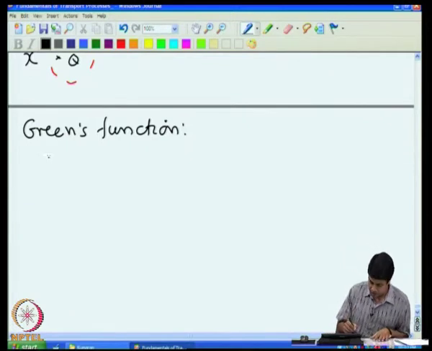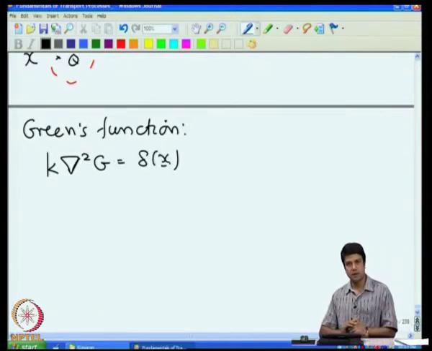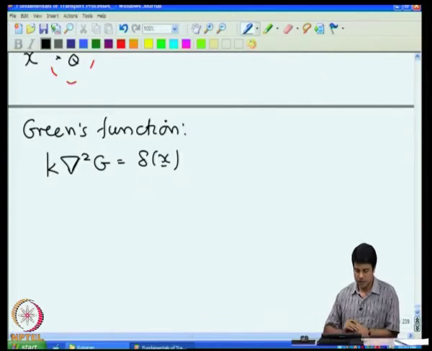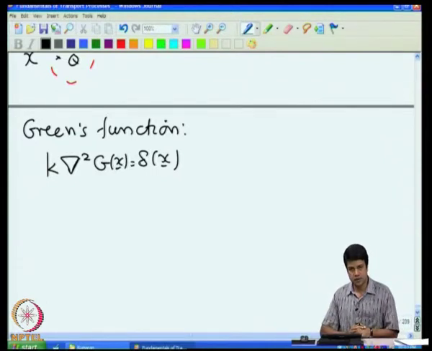It is defined as k del square g is equal to delta of x. So, this is the formal definition of a Green's function. So, k del square g at the location x is equal to delta of x.